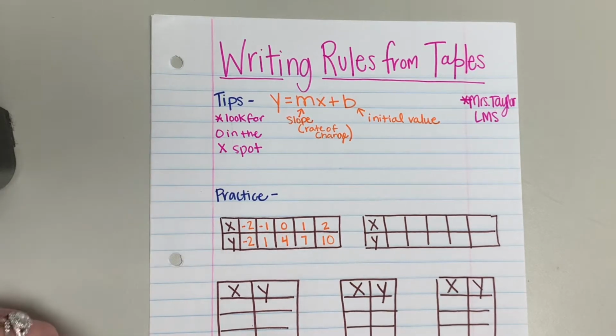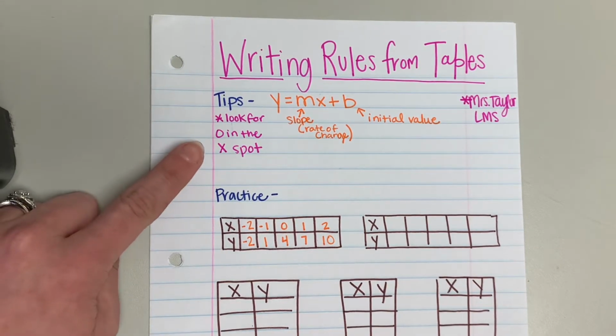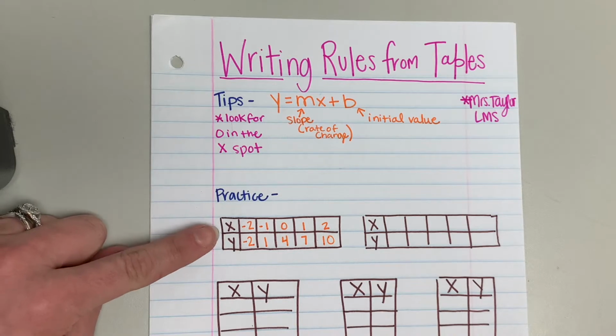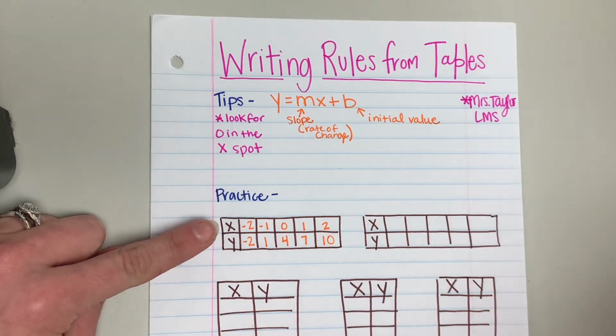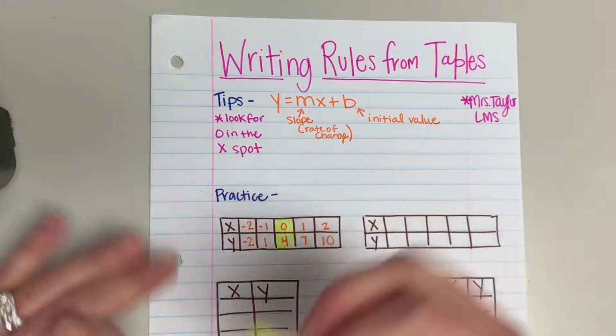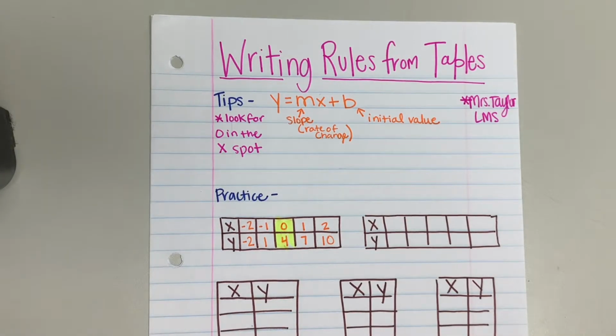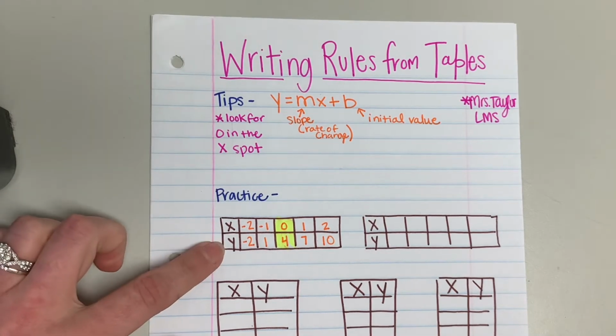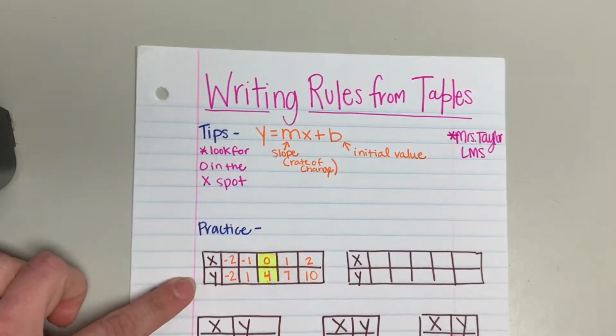Now, what I mean by look for the 0 in the x spot: look at the x part of your table, your input. Do you see that 0 in the x spot? You're always going to look for that. That is your initial value. If you were to graph this, that would be your y-axis, your initial value. So when you're writing a rule, you know that your b is your initial value.